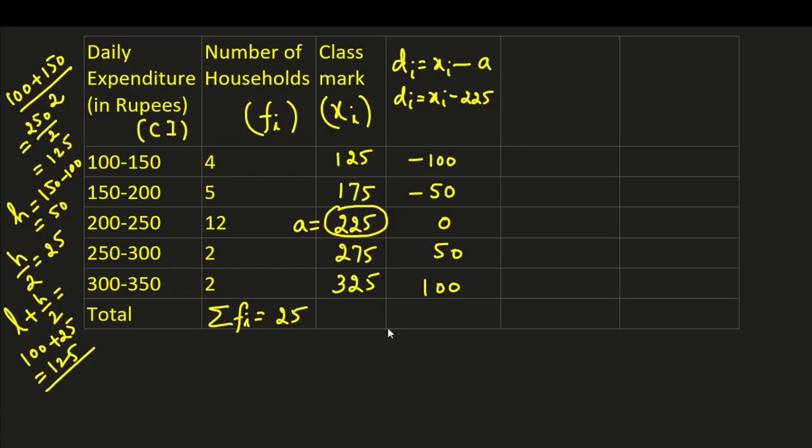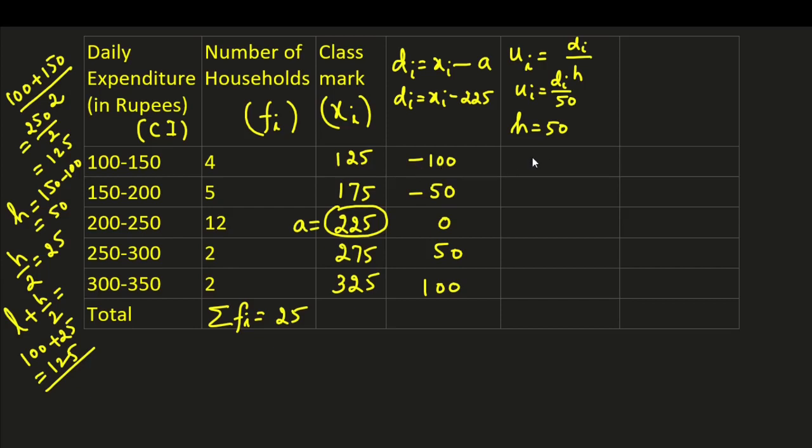Now, observing these deviation values, we know that these are multiples of 50. So let us choose H as 50. Ui is equal to di by H. So this becomes Ui is equal to di by 50 in this case.